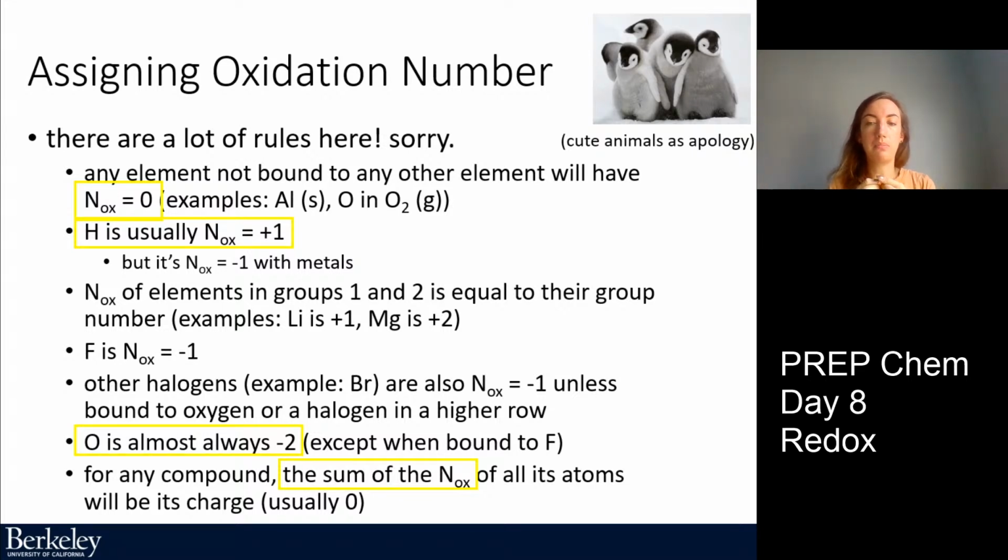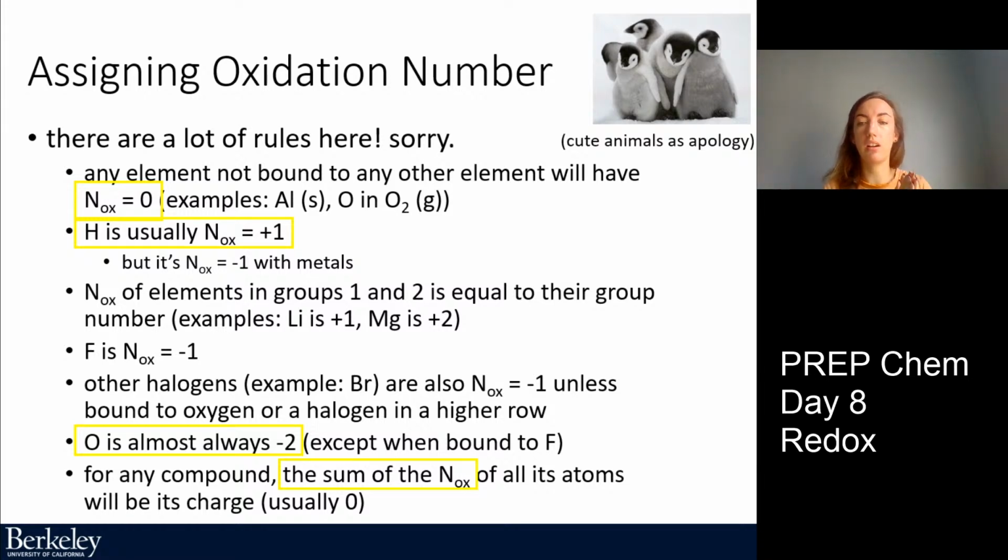So it would not make sense to have one of those hydrogens have an oxidation number of +1 and one to have an oxidation number of -1 because they're the same. So the only way that they can add up to 0 while also being the same as each other is if they are both 0.